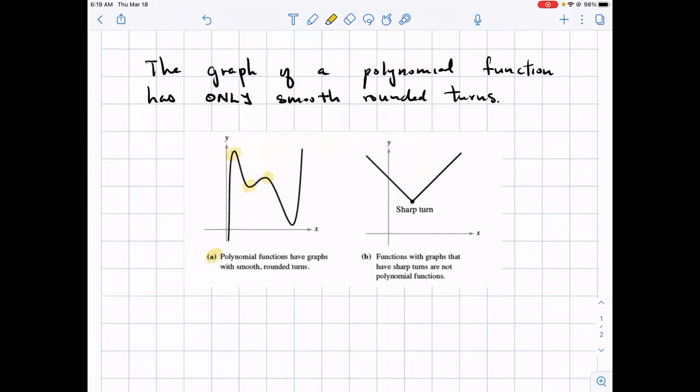They're sort of rounded turns. If you look at picture B, you will notice that this turn here is very short. It's not a nice rounded turn. Therefore, you can say that graph B is not a polynomial function.